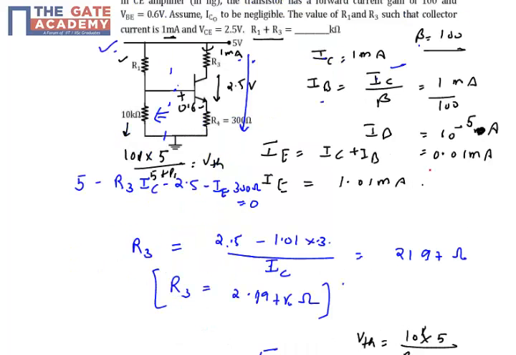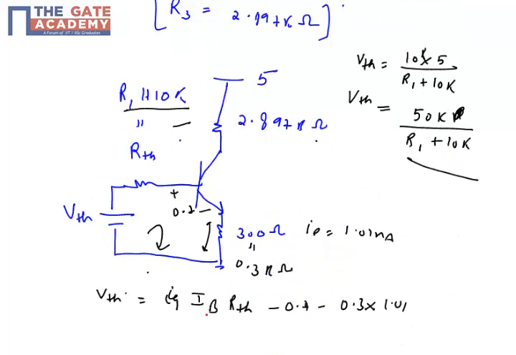IB we have already calculated as 10 raised to power minus 5 ampere, or 0.01 milliampere. All the other variables we already know. So by simple calculation, the value of R1 will be 40.97 kilo ohm.